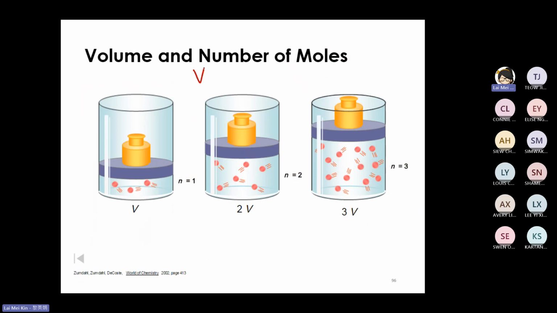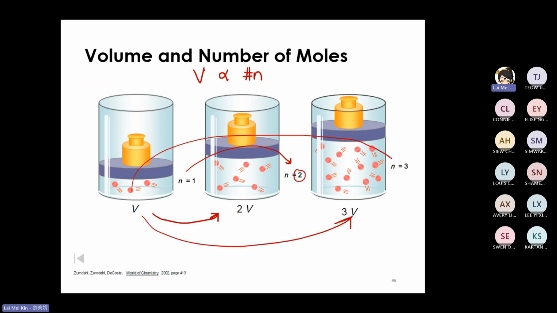Avogadro's law says that volume is directly proportional to number of mole. So if my volume increases by 2 times, my number of mole will also increase by 2 times. If my volume increases by 3 times, my number of mole will also increase by 3 times. So this is directly proportional.